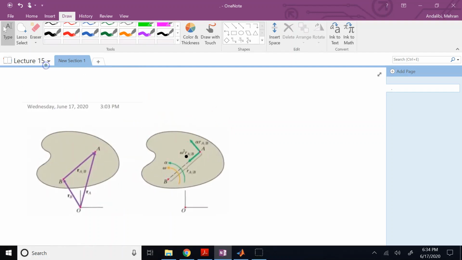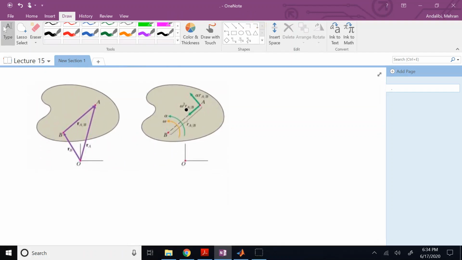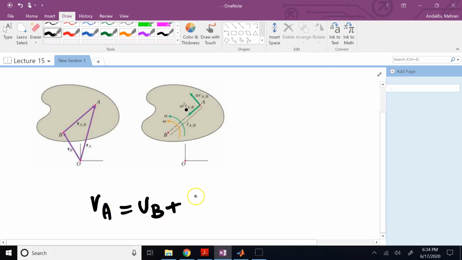So here is what we had, and if you remember, for the general velocity formula, we had V_A was V_B plus omega cross r of A with respect to B.